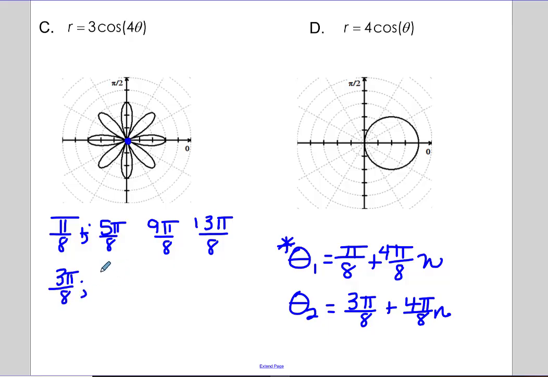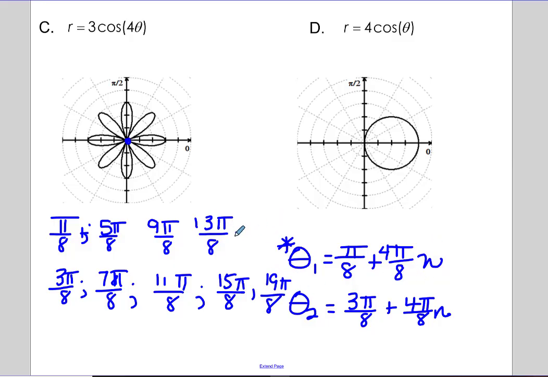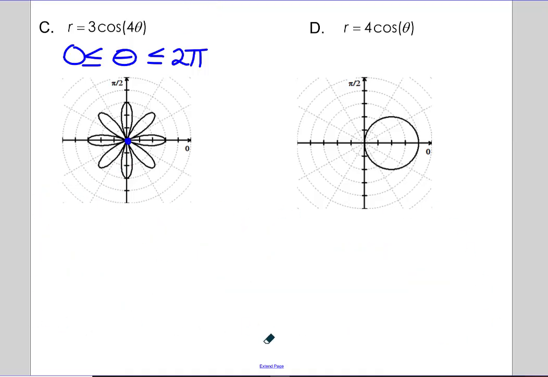And then 4 plus 3 is 7 8ths when n is 1. And then when n is 2, that's 11 pi over 8. And then when n is 3, that's 12 and 3, that's 15 pi over 8. When n is 4, that's 16, that would put us over 19 pi over 8. Here we have 16, and that's 17 pi over 8. So it seems reasonable that this one would take a full 2 pi revolutions in order to complete all 8 cycles of the curve.